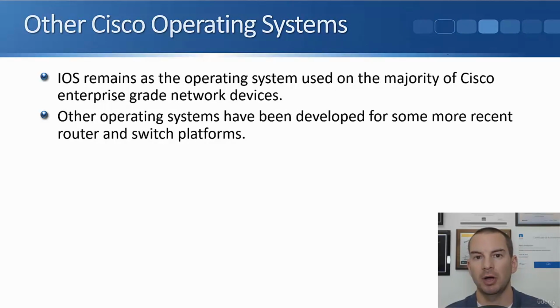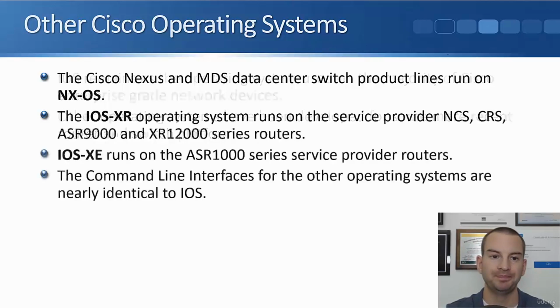There are some other operating systems on some of the newer router and switch platforms. So IOS runs on the majority of Cisco routers and switches, but some of the newer platforms do have these new operating systems. Let's look at those now.